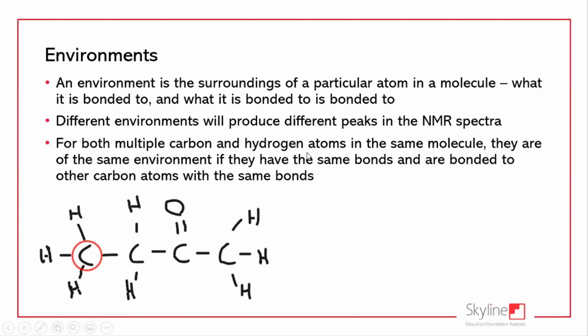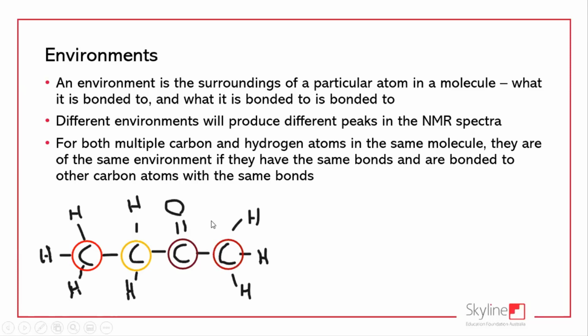So if we have a look at it, this carbon here is bonded to 3 hydrogens and a carbon that's bonded to 2 hydrogens. That's our first environment. This carbon here is bonded to a carbon bonded to 3 hydrogens, bonded to a carbon double bonded to an oxygen, and also bonded to 2 hydrogens. That's our second environment. This carbon here, you can obviously tell it's unique. It's the only carbon that has a double bond to an oxygen.